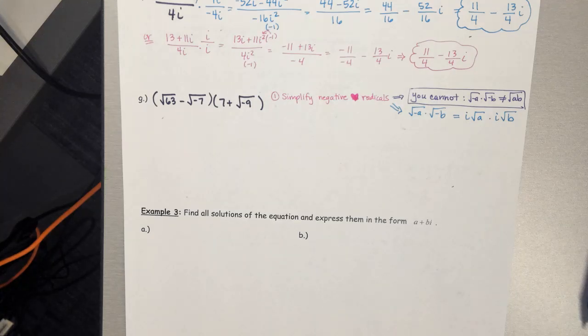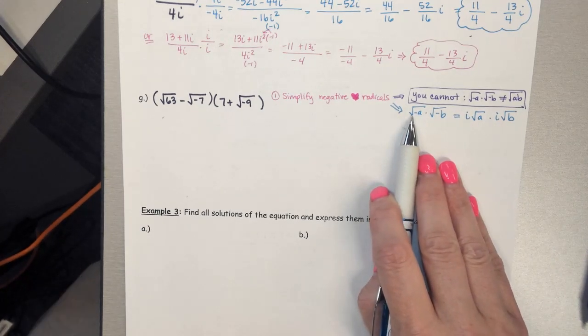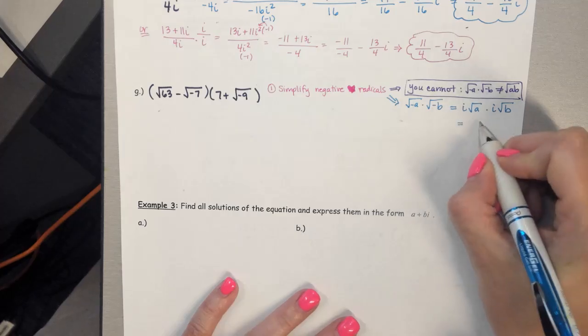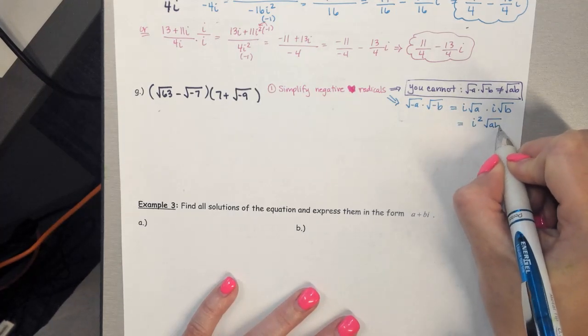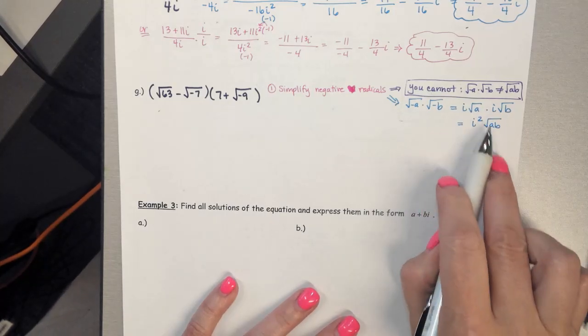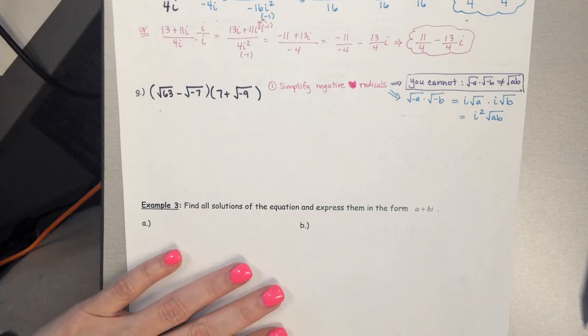So we need to just recall that i represents the square root of negative 1. And then if we went one step further, i times i would be i squared. You can multiply square roots together because they have the same root, the same index value. But then that i squared would have to be out in front.